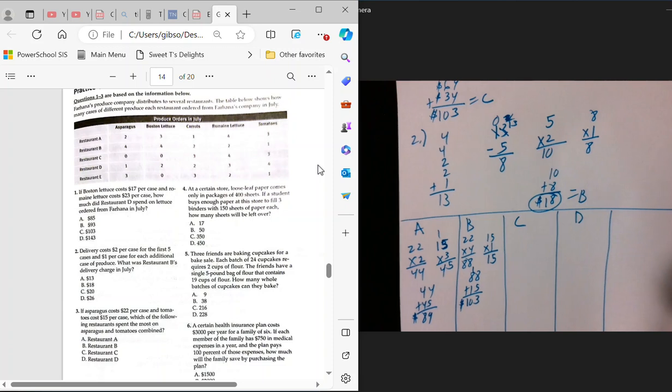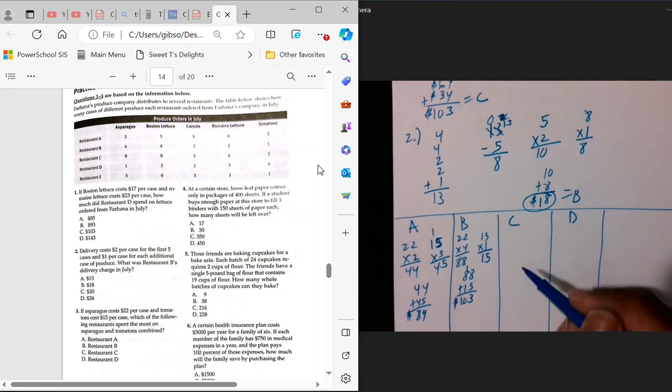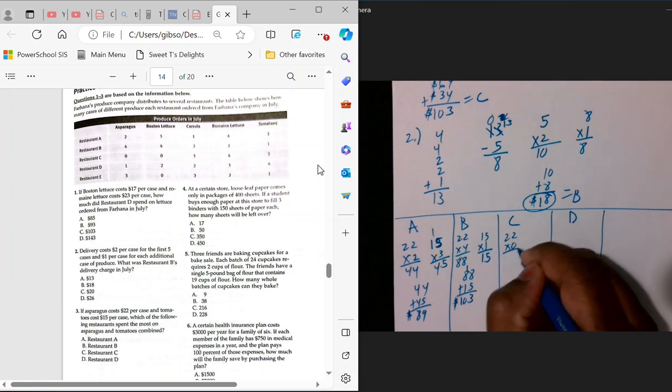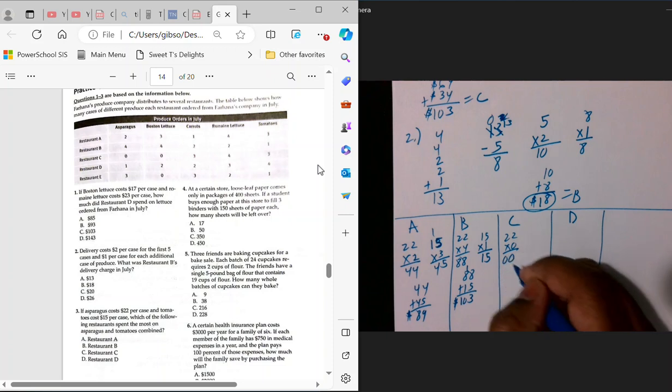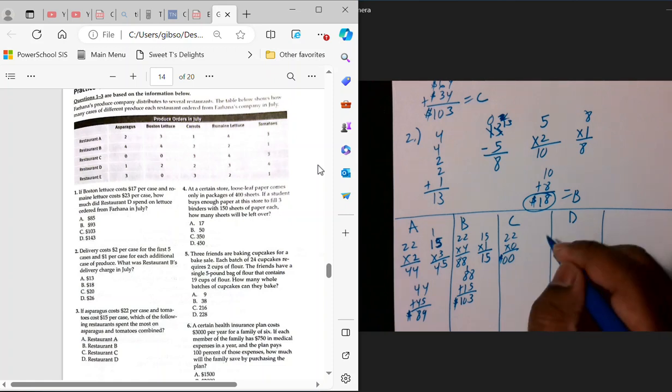Okay, now when we go here to C, we have 0 for asparagus. So it'll be 22 times 0, which will give us $0. Then we have 3 for tomatoes.